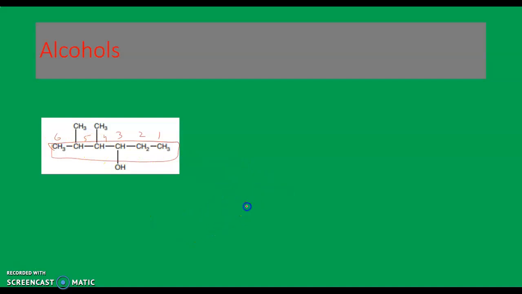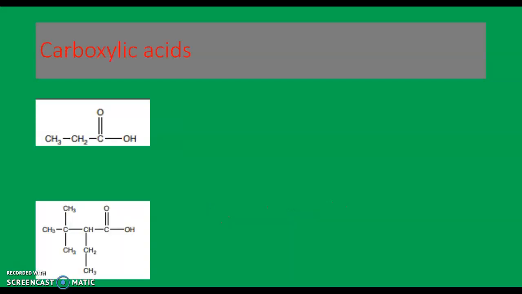So 6 carbon means it's hexane, and I've got 3 position -ol, hexan-3-ol. I've got 2 methyl groups at position 4 and 5. So you would write both numbers 4, 5 separated with a comma, then a dash. I would do 4,5-dimethylhexan-3-ol.